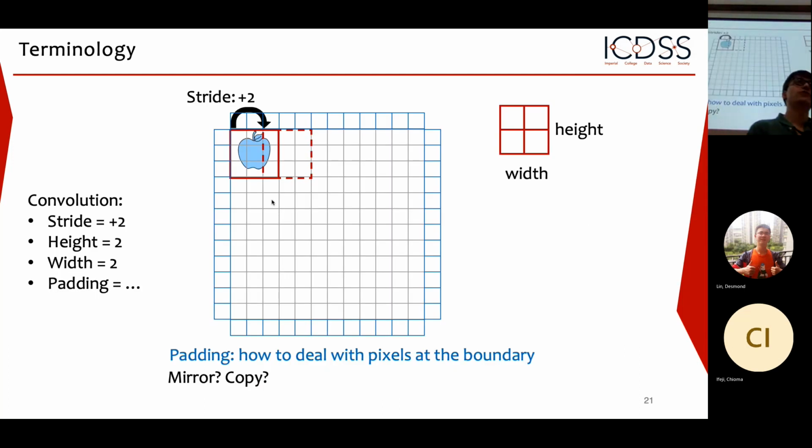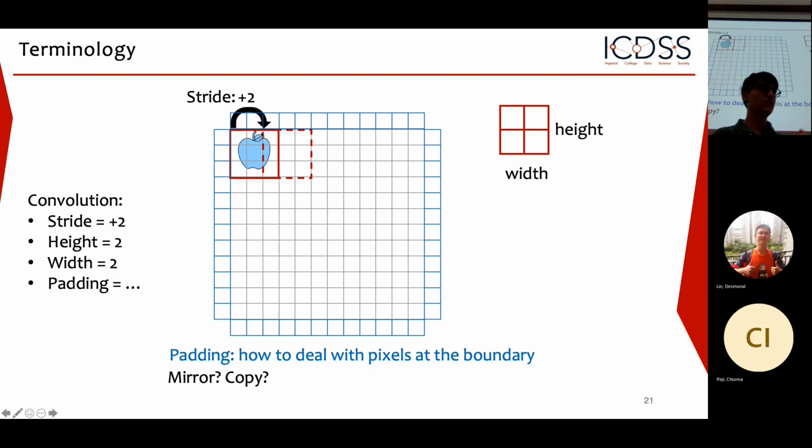Let's see some terminology that is usually used with convolutional neural networks, and it's particularly useful if you're trying to implement them in TensorFlow, for instance. The stride is how much I slide the window. Let's say your initial window is this one right here. If the next window is going to be here, then I did 2 jumps.